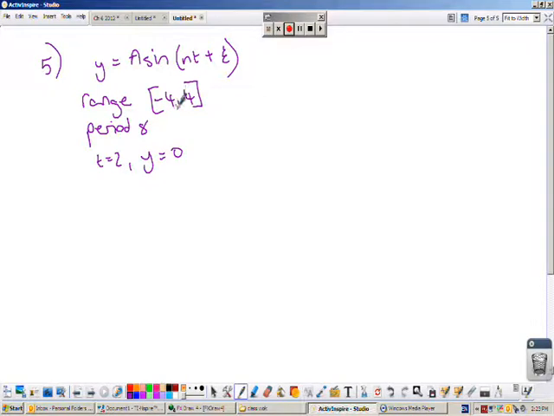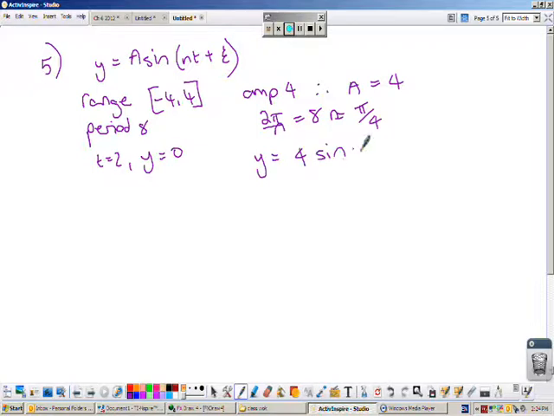The range tells us that the middle of the graph is the x-axis, the amplitude is 4, therefore a equals 4. The period is 8, so 2 pi on n equals 8. Rearranging that gives us pi on 4 for n. And now we have y equals 4 sine pi t on 4.